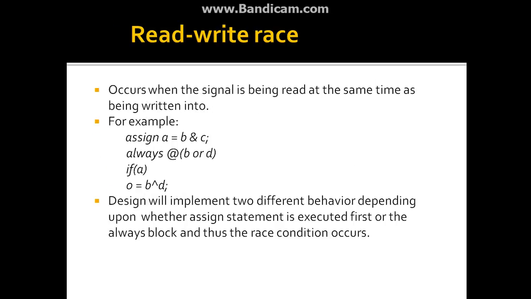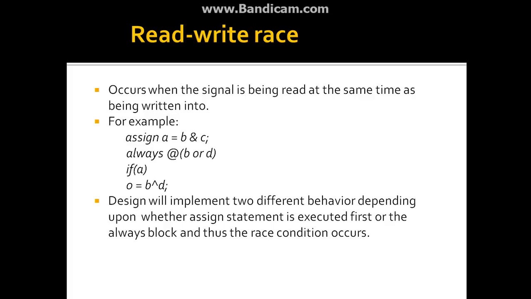Now next come the different conditions due to which race occurs. First is the read-write race. Read-write race occurs when a signal is being read at the same time as being written into. Considering this example, A is written through the assign statement while being read through the always block. While B gets updated, it will trigger both the assign statement as well as the always block.